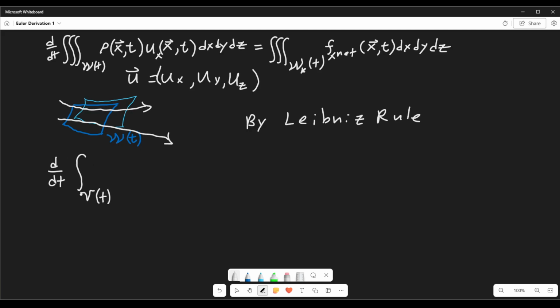I'm not going to write the three integral signs, I'm just going to write one. However, since it's a volume, that implies that there were in fact three. Then I have a generic scalar field that depends on space and time, and I integrate this over the volume.